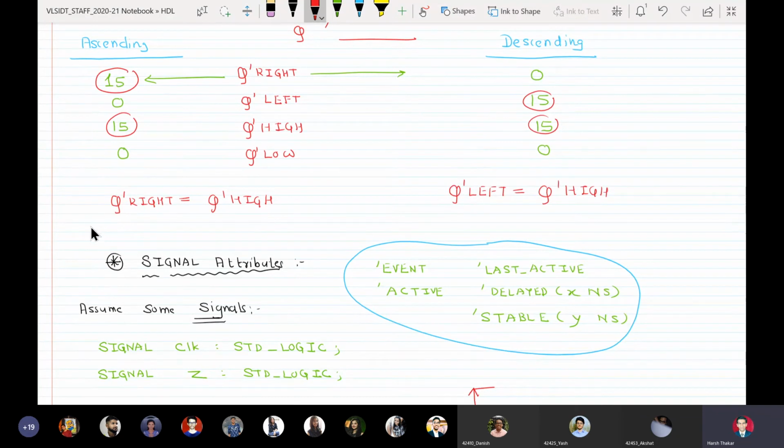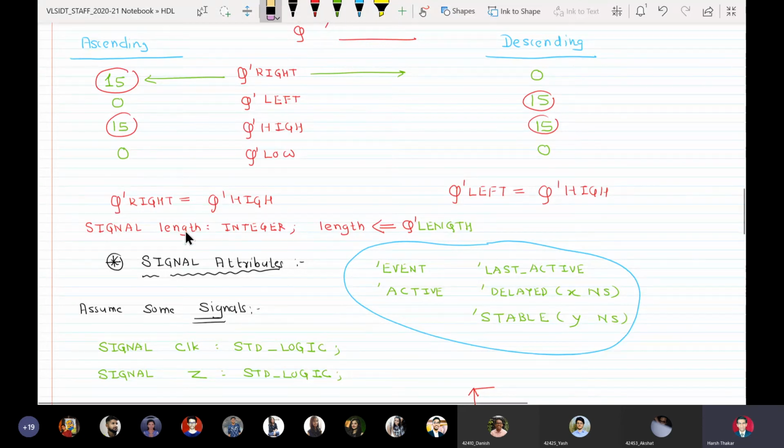If I define a signal, say signal length colon integer, okay, and then I write down length is assigned q'length. Now I cannot use the signal name as length because length is a predefined keyword in the language.